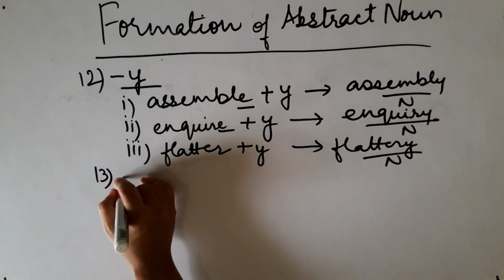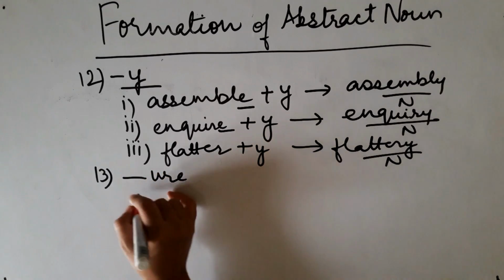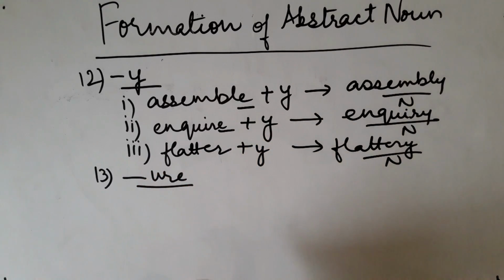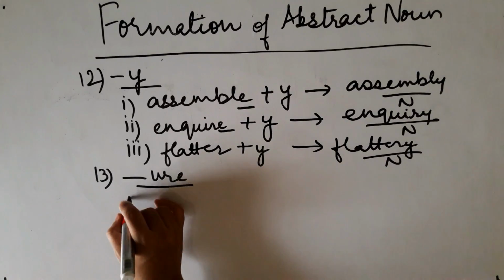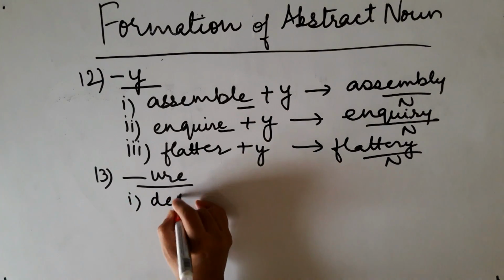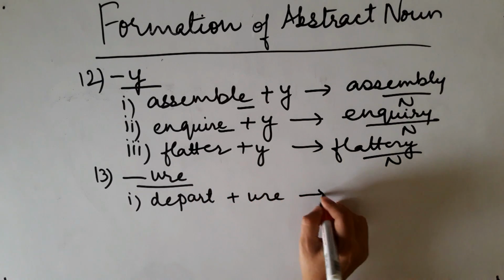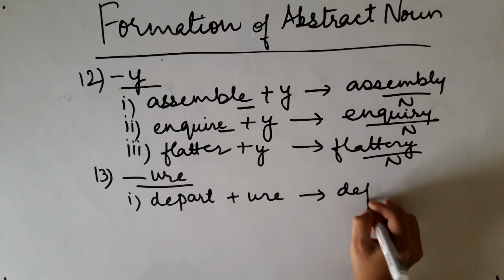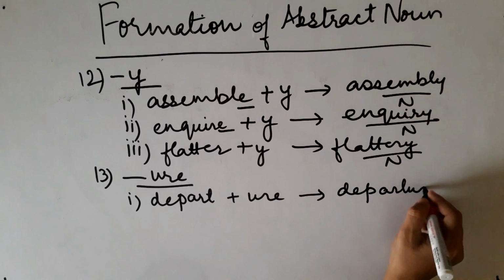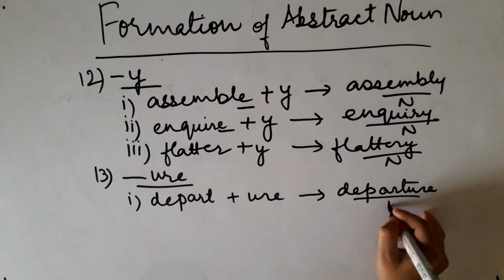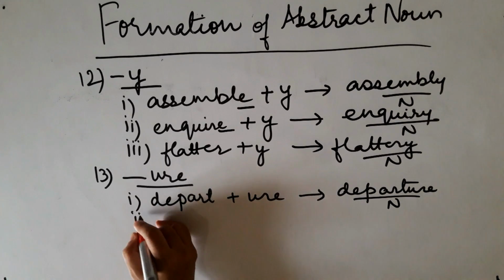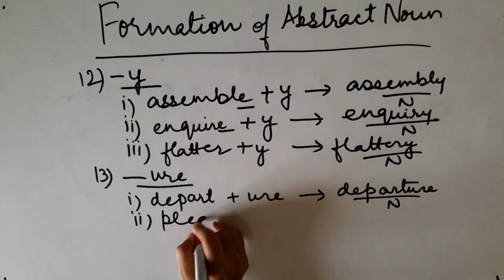Another way is by adding ure to the verbs. Here we have some verbs with us like depart. Simply by adding ure it becomes a noun, departure. We have words like please.